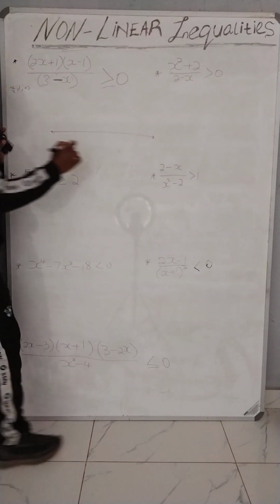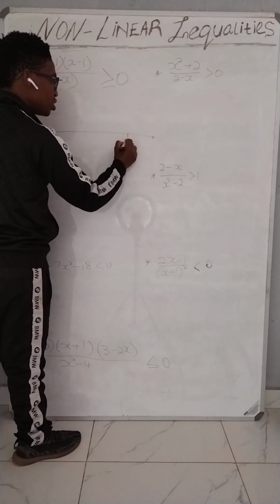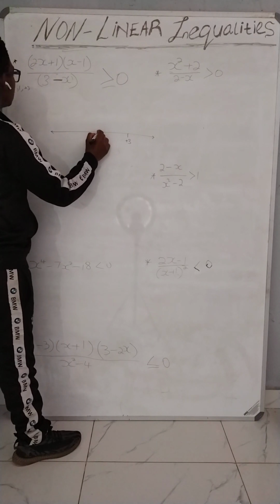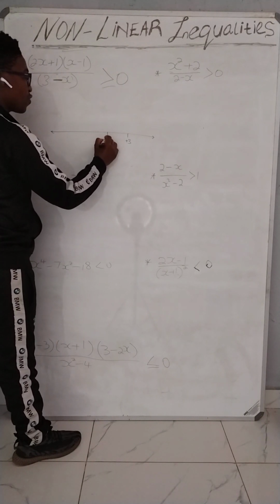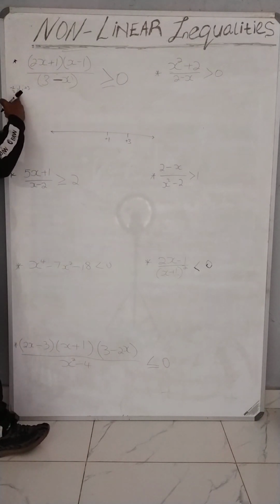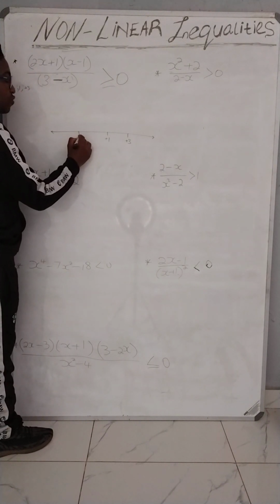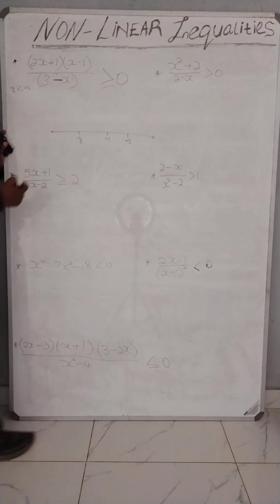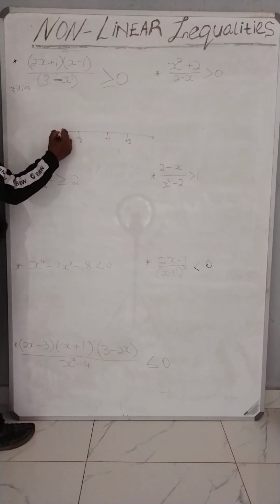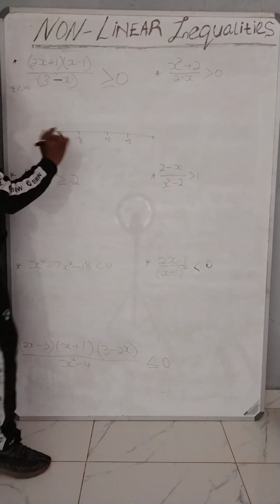You're going to have 3 values. You're going to have a +3 there, a +1 there, and a -half here.